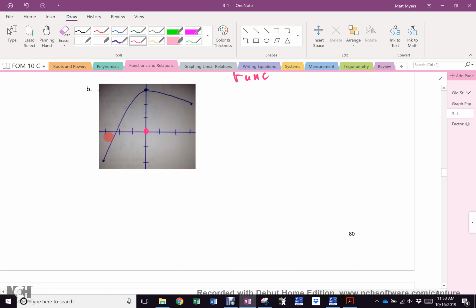Right? If I go to this x value, do I have a y value? If I go to this x value, do I have a y value? If I go to this x value in the middle, do I have a y value? So I have a y value for every x value, don't I? So how many x values are there between there and there?